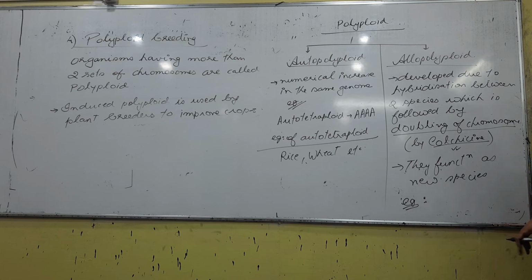Next, as far as polyploid is concerned, normally it is of two types, autopolyploid and allopolyploid. Questions are asked on both. Now you have to understand a slight difference between both of them.